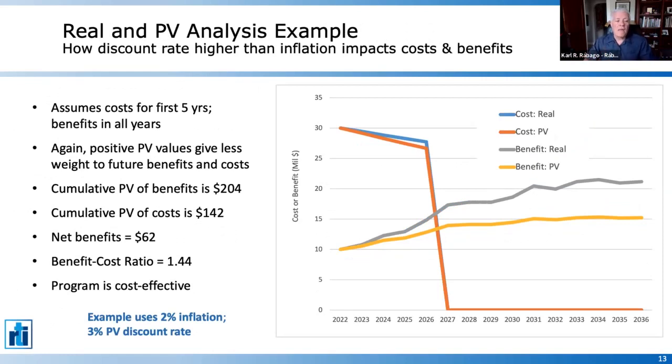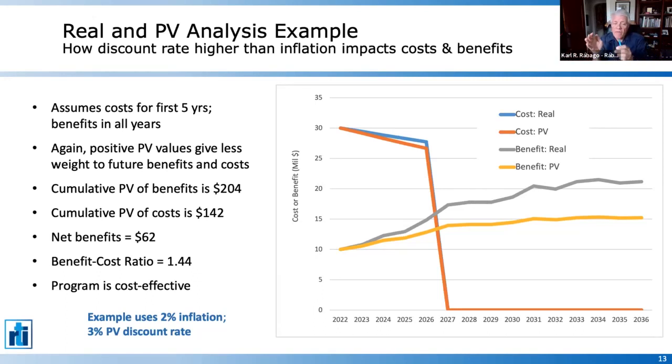Here, the gray is that inflation real number, and the present value number is the orange line, still at those 2% inflation and 3% PV discount rate, present value discount rate. So just as this discounting affects the benefit stream, it also affects the cost stream.